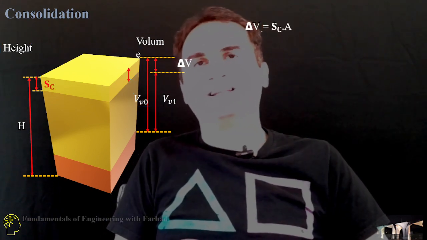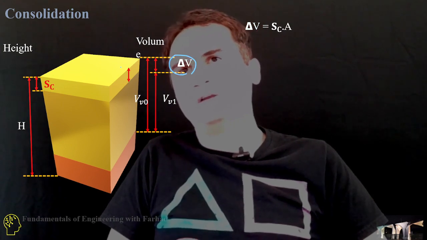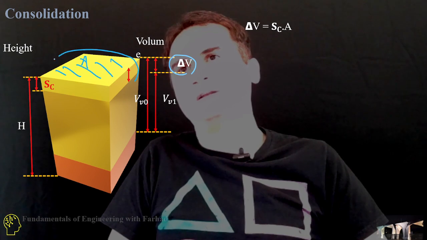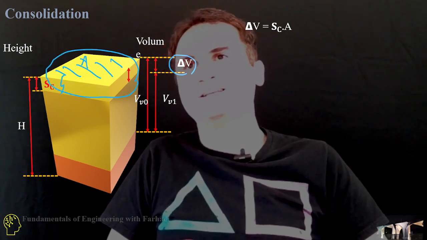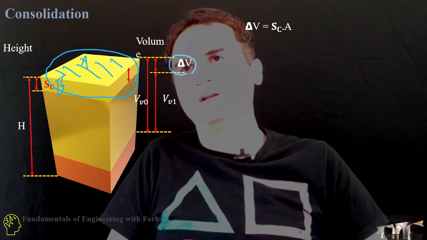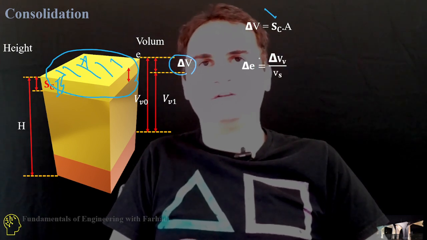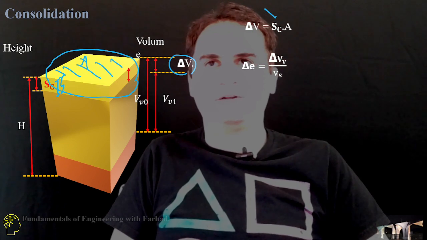At the same time, consider the change in volume. If this is our area and we want to calculate this volume, that's definitely area times thickness. So the consolidation settlement is height times the area. And delta V is definitely the change in volume of void. We already talked about that.